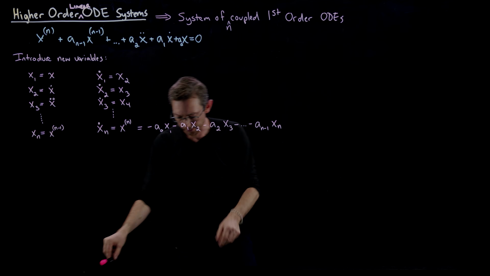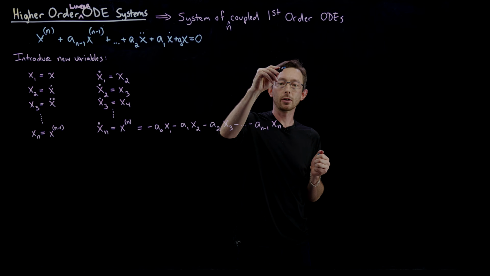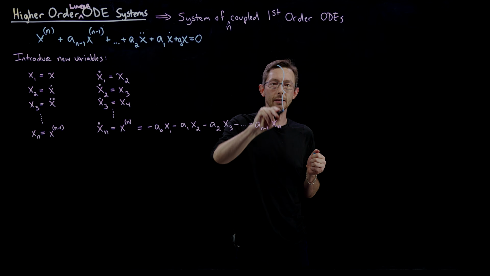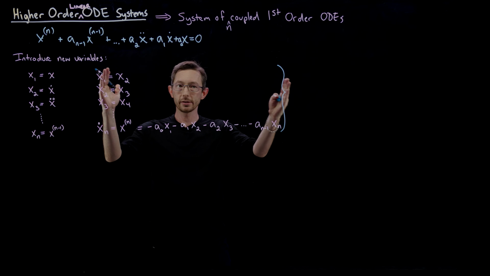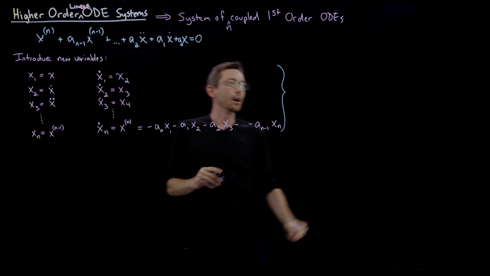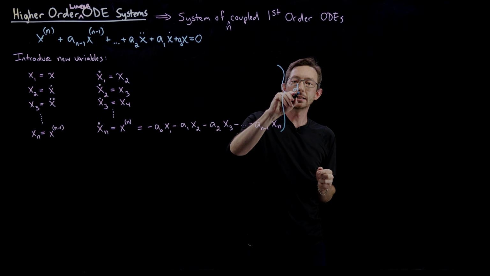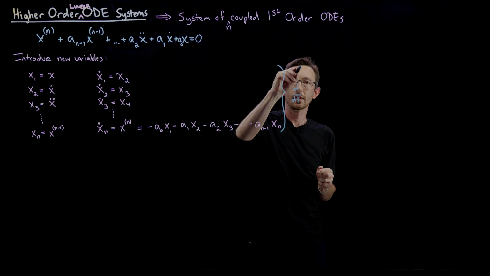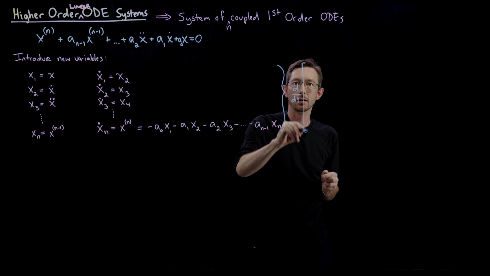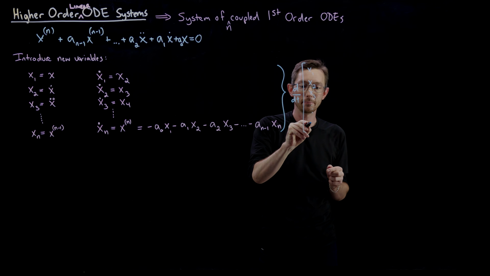So what I'm going to do now, and I think I'll switch to blue here, is we're going to write this whole system of equations. I want to make sure I have enough space here. I can write this as d dt of my vector x1, x2, x3, dot, dot, dot, all the way to xn.